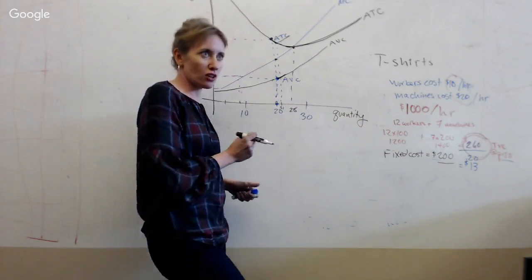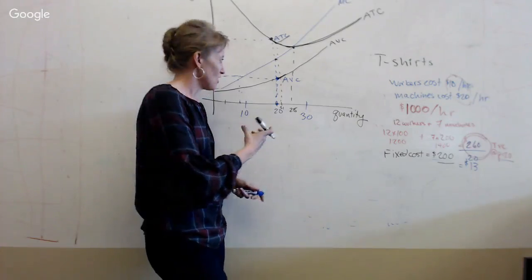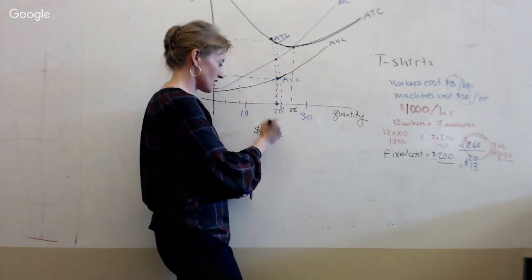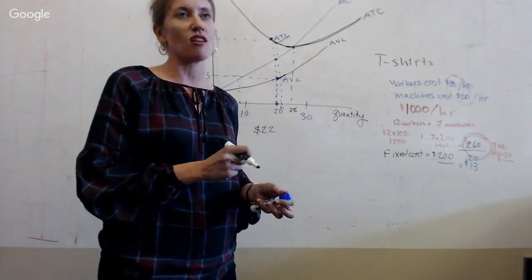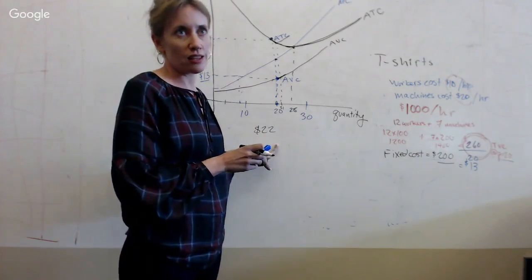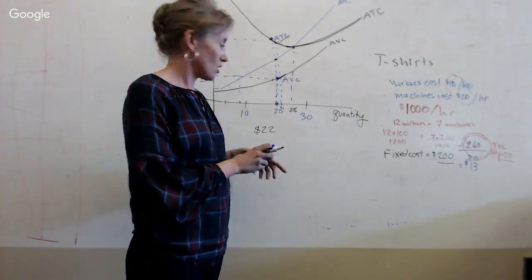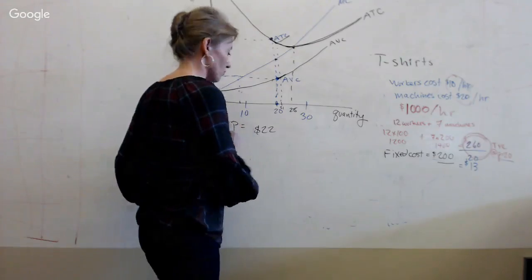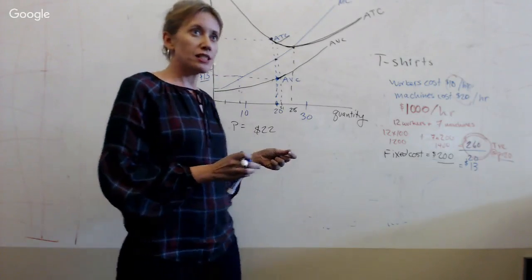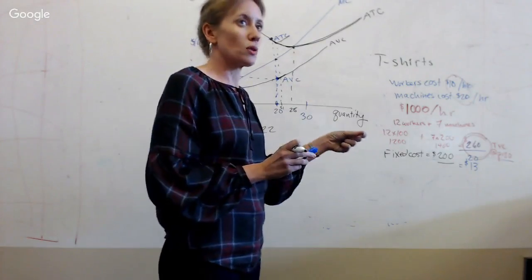How much should a t-shirt cost? Let's say $22. Okay, so let's say each t-shirt costs $22. That means that every single t-shirt that this firm sells, it can collect $22 in revenue. So price is equal to 22. And every t-shirt that this firm sells, it collects an additional $22 in revenue.